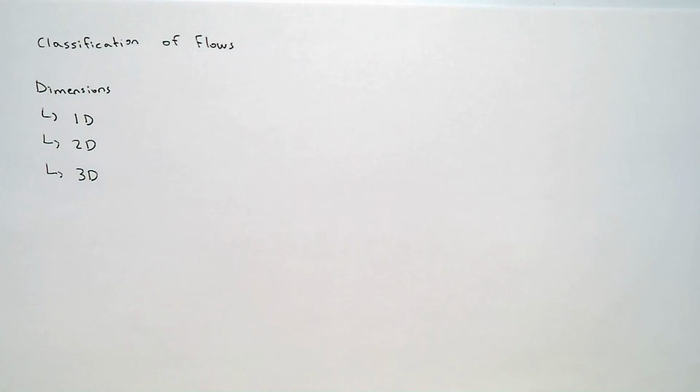Now you got to be careful. I can't just say 1D is easier, therefore I will always calculate my fluids as 1-dimensional. I can't say that because sometimes a 1-dimensional approach will not be enough to model my fluid accurately. So instead, as an engineer, it's your job to look at a system and be able to determine what's the best and most efficient way of solving that system.